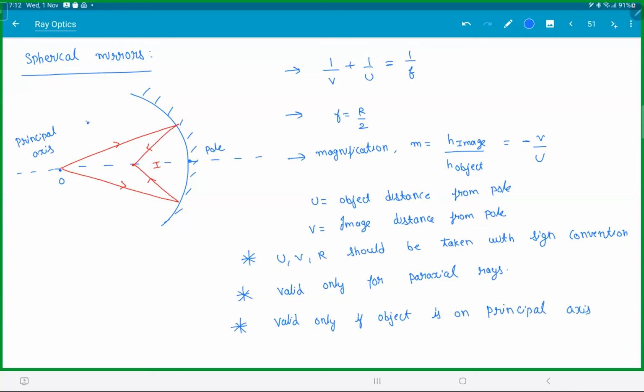Means if you keep an object somewhere here, rays will go like this. We can do it, but this formula won't be valid directly. Have a look at this. Note it now.